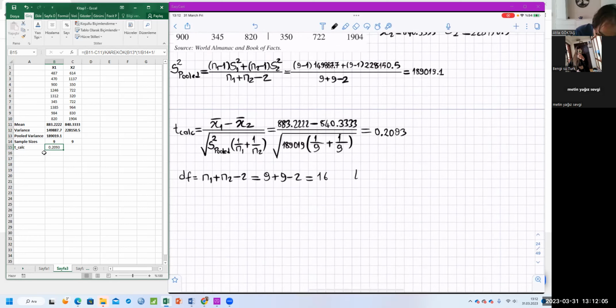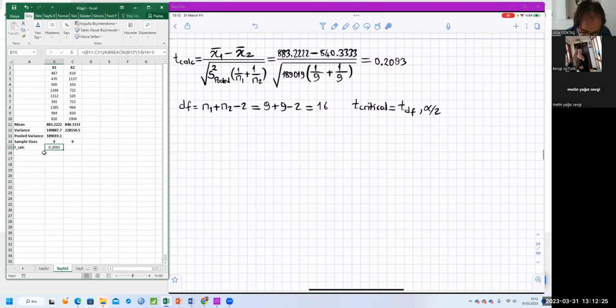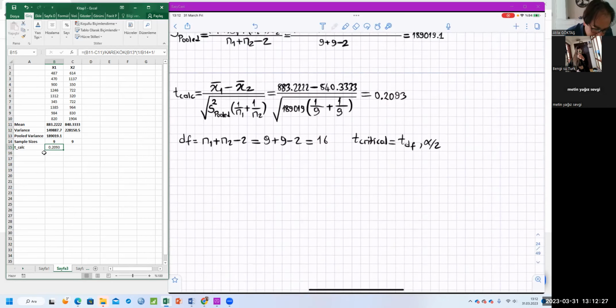So the critical value equals T with the degree of freedom, comma, alpha divided by 2, because this is a double-sided hypothesis we constructed, so we have to split alpha into half. It's the same as what we did in the lecture 2 weeks ago.